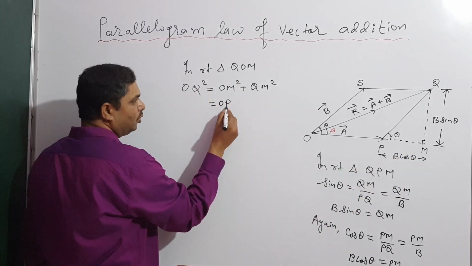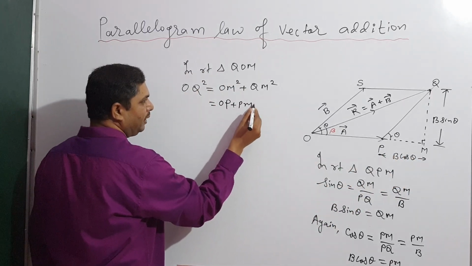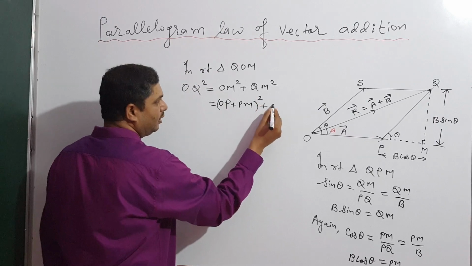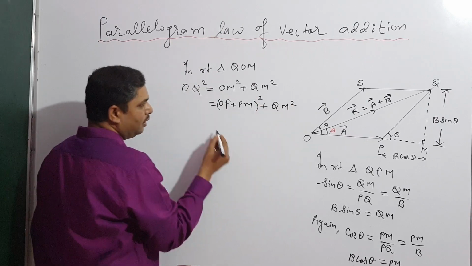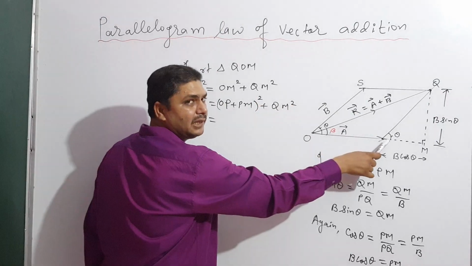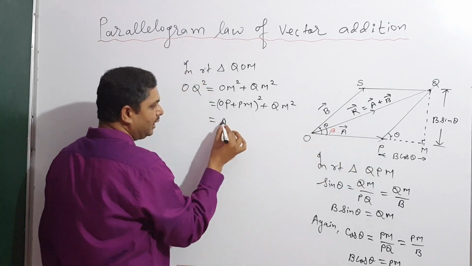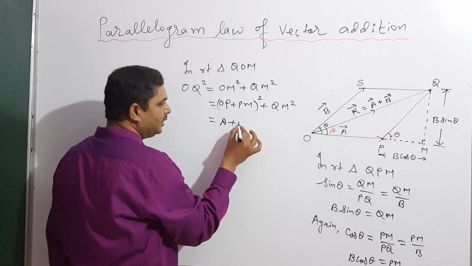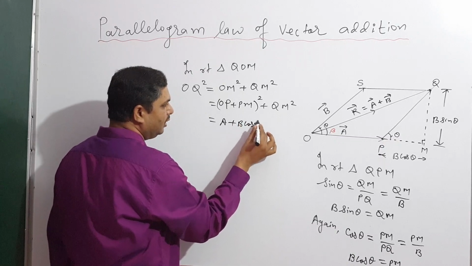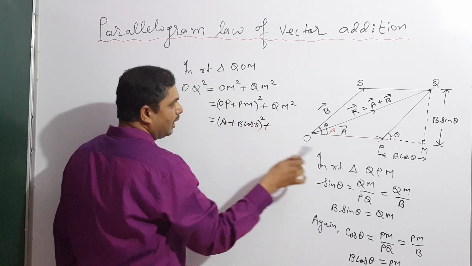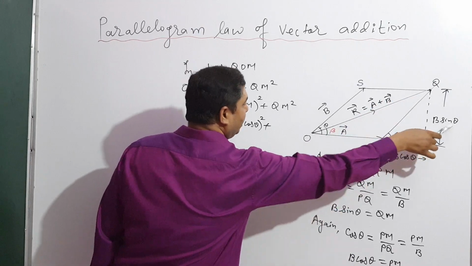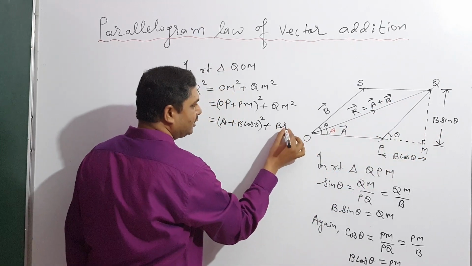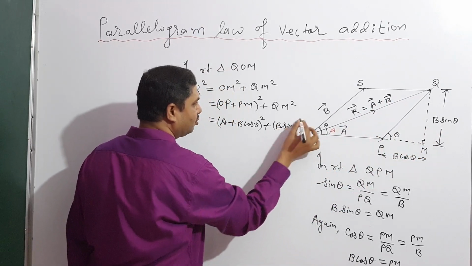So this is (OP plus PM) whole square plus QM square. Now OP length is A. So this is A, and PM length is B cos theta. This is (B cos theta) whole square, and QM equals B sin theta. This is (B sin theta) whole square.